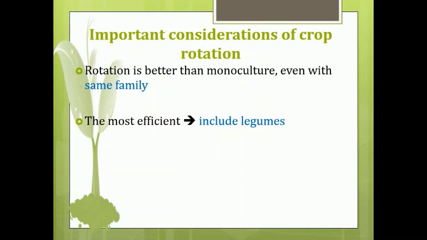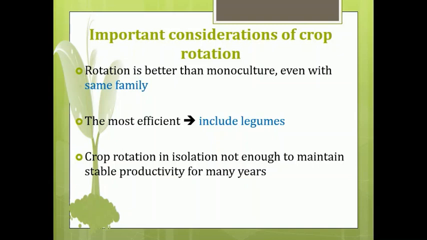Because of the legumes' restorative ability or nitrogen fixation ability, legumes are basically included in typical crop rotations. Crop rotation as an isolated practice is generally not enough to maintain a stable productivity for many years. Therefore, in such situations, an addition of some external nutrients is necessary.